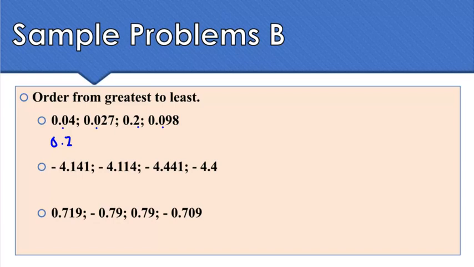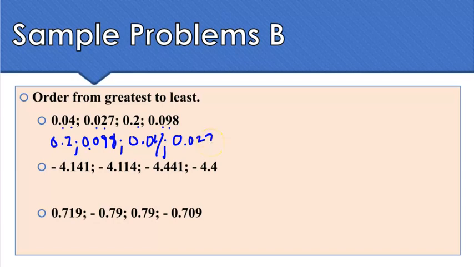Then I look at the hundredths place, 4, 2, 9. 9 is the biggest one, so we would have 0.09. Then comes 0.04. That means our smallest number is 0.027.